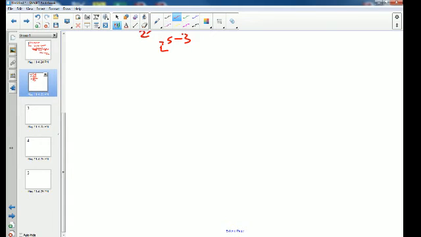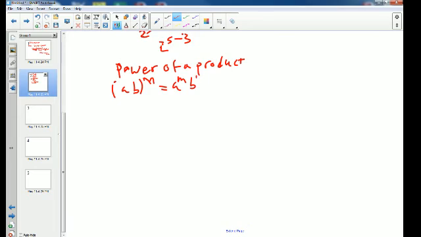Next is power of a product. So (AB) to the M equals A to the M times B to the M, because when you're multiplying two products, you distribute your power to both A and B. Next is just your quotient.